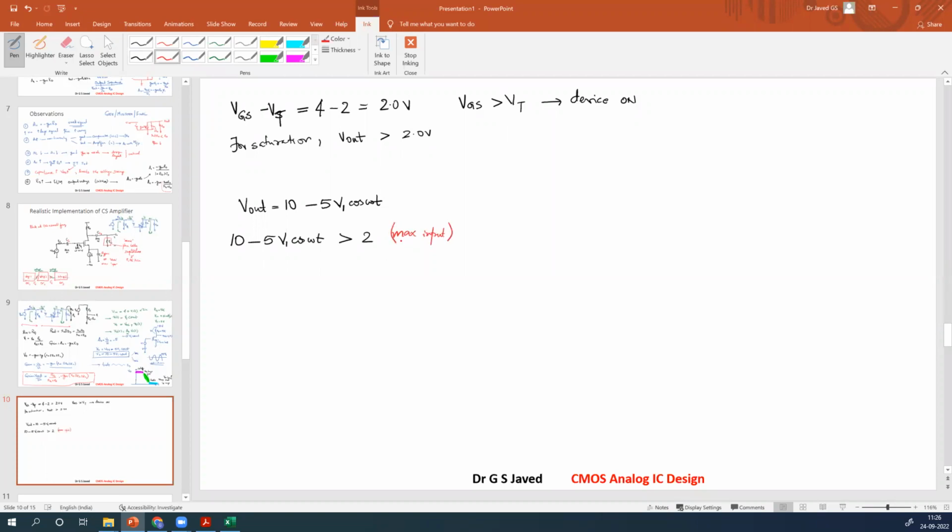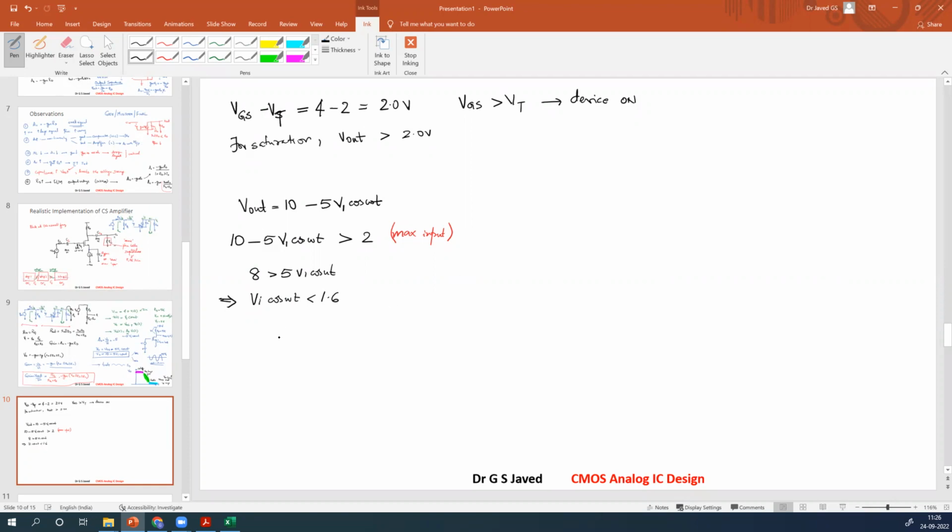So how do you equate? 8 is greater than 5 Vi cos omega t, and Vi cos omega t should be less than 8 by 5, which is 1.6. So this is the condition you will get.